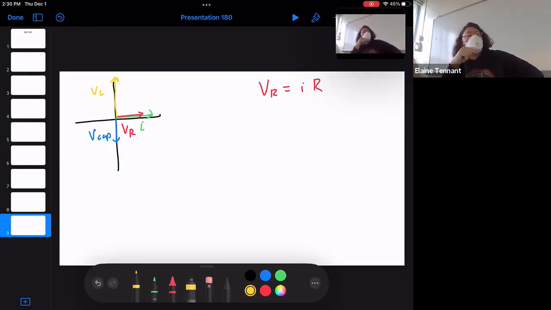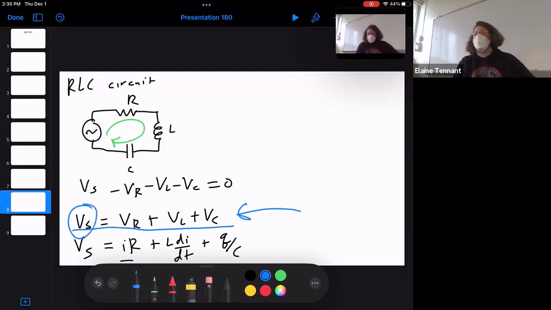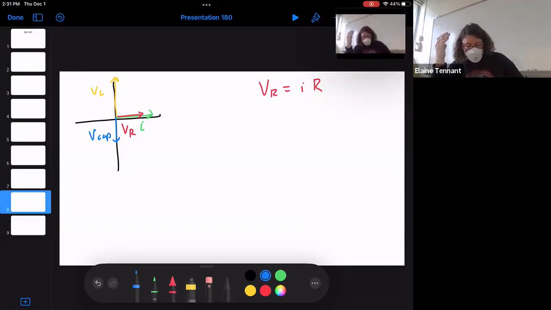So now if I wanted to add these voltages up like this, because I want to find the source voltage, I need to add them up like I would any two-dimensional vectors. I need to make a triangle. Does that make sense? So now I'm looking for what the source voltage is.